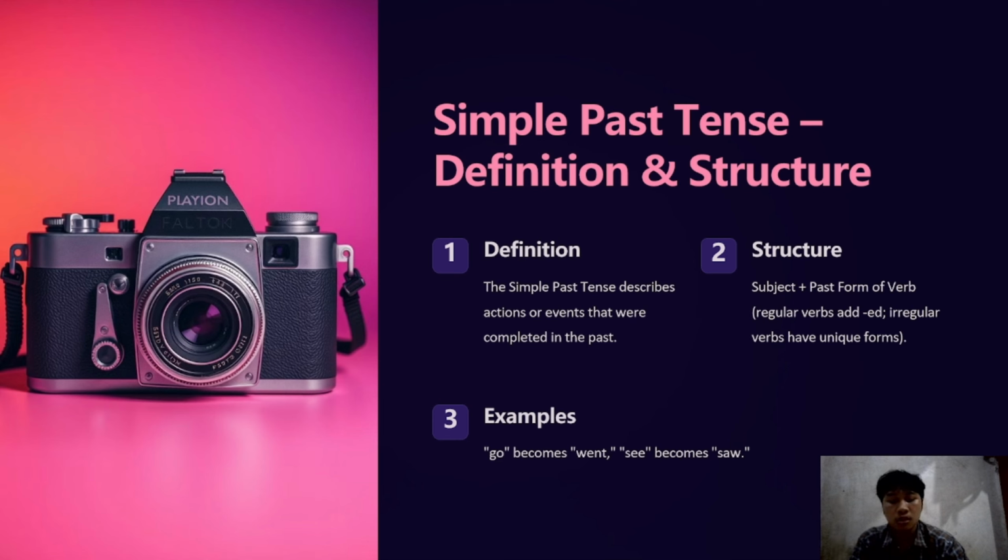For instance, go becomes went and see becomes saw. We use the simple past when we want to tell others about something that happened at a specific time in the past, like yesterday, last week, or even years ago.